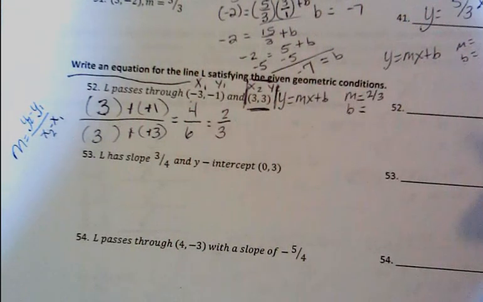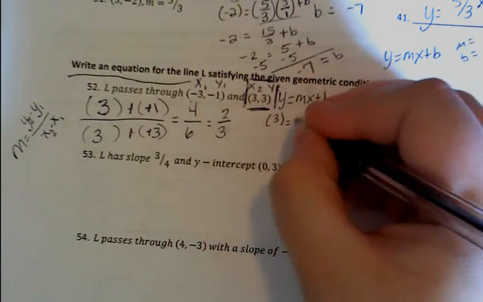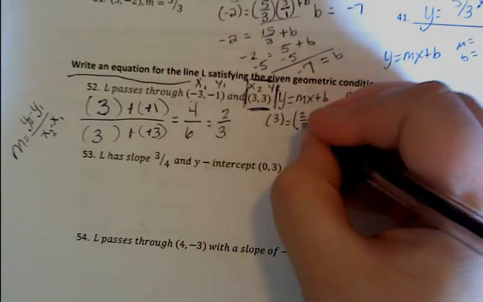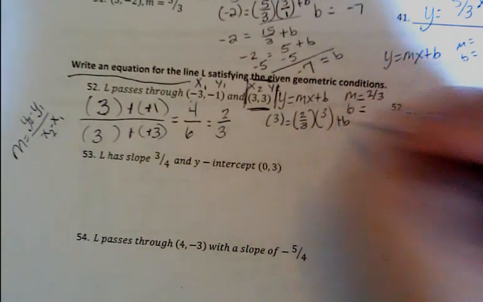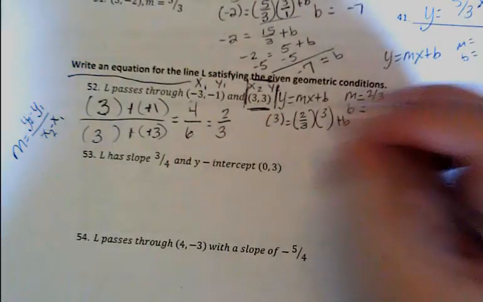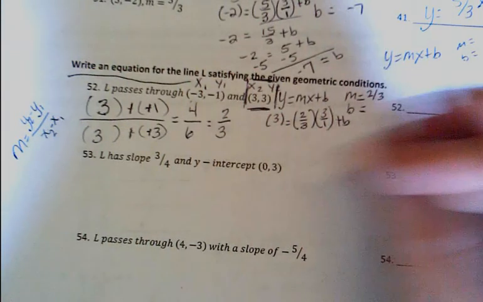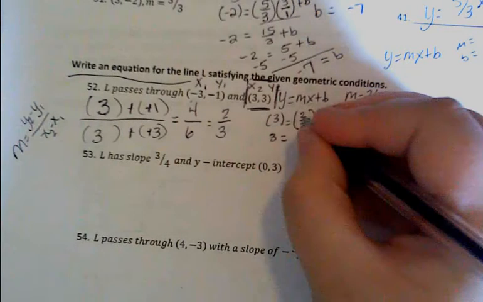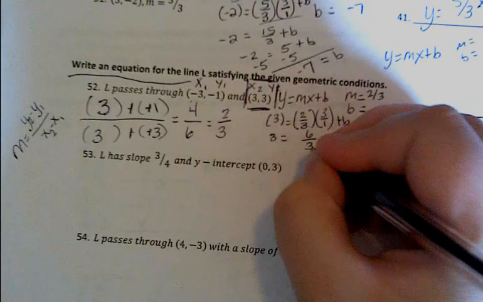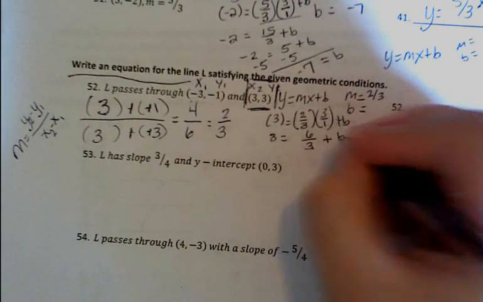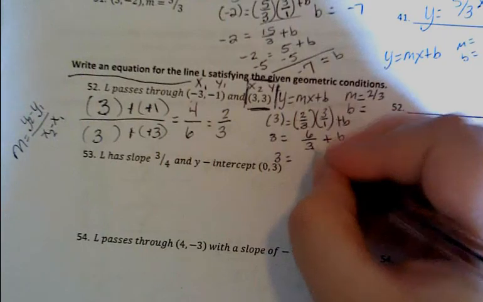So my y is 3, my m is 2/3, my x is 3, plus b. I'm going to make that 3/1, which gives me 3 equals 2 times 3 is 6, 3 times 1 is 3, plus b. And then I know that 6 divided by 3 is 2.